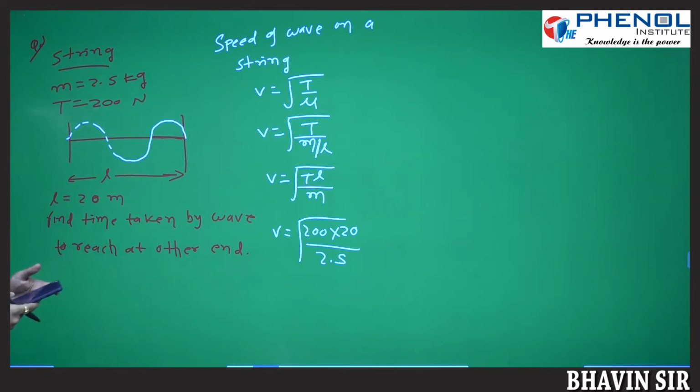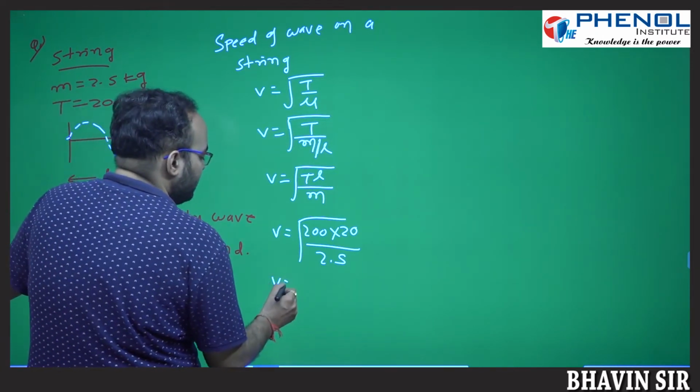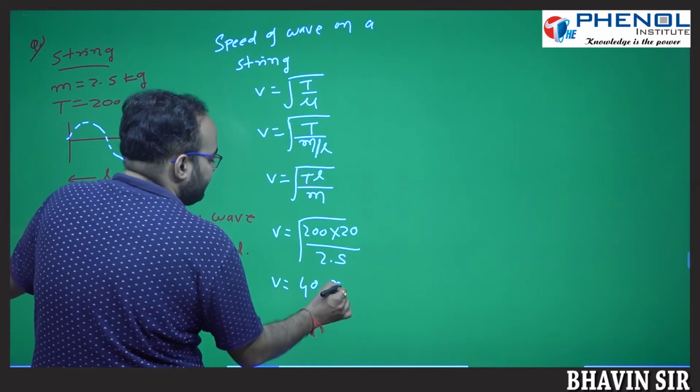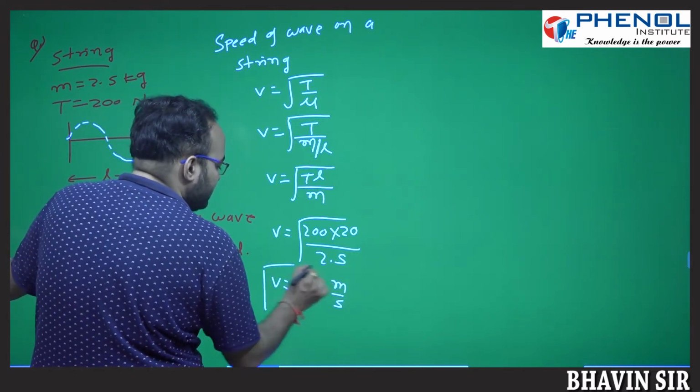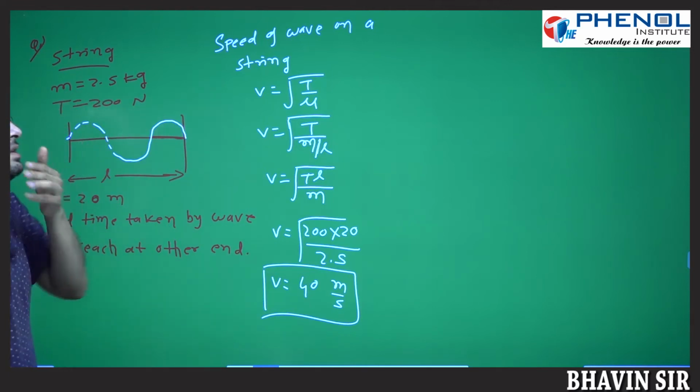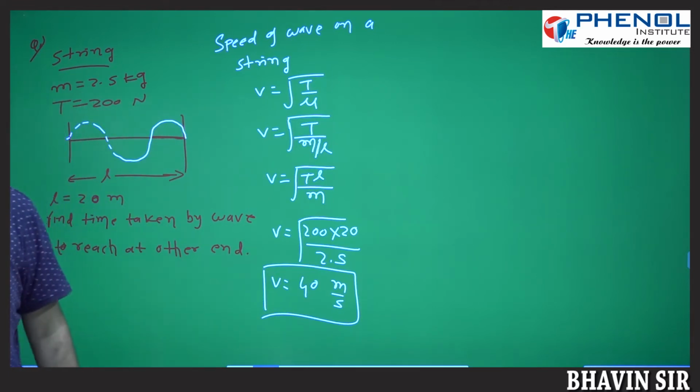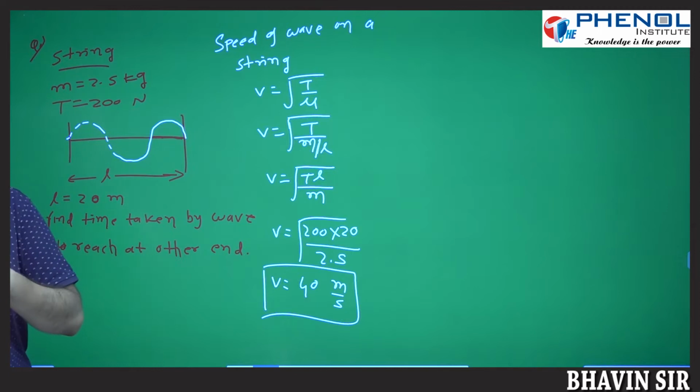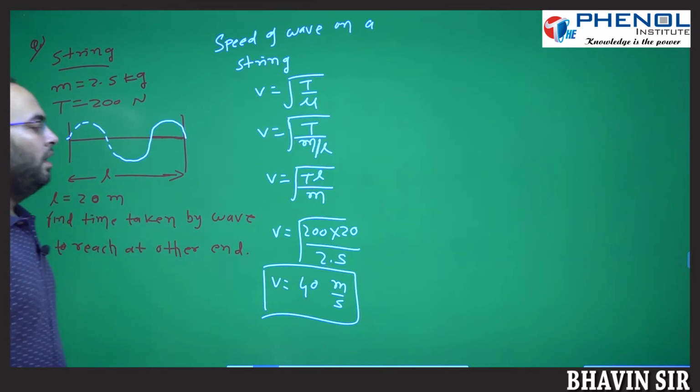So 200 into 20 divided by 2.5 is 1600, and its root is 40 meter per second. What is the speed? 40 meter per second. Now we want to find time.